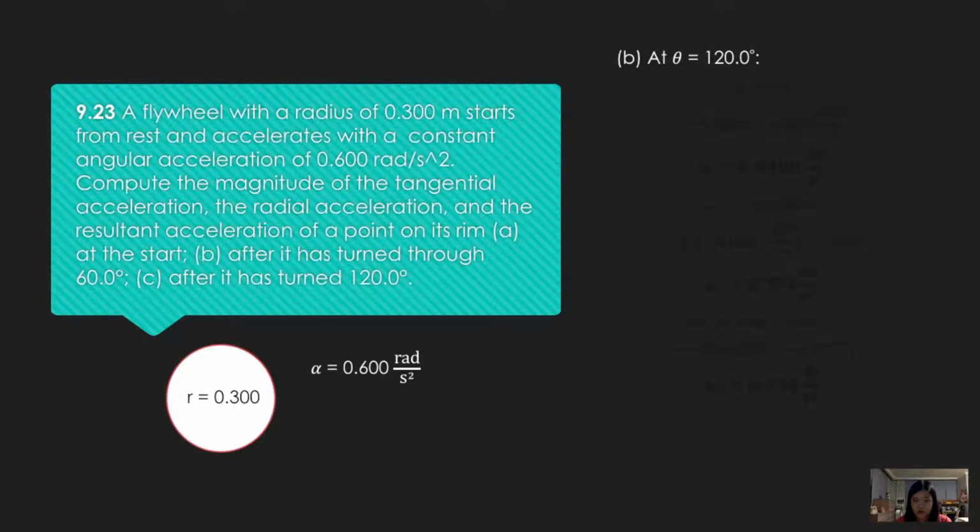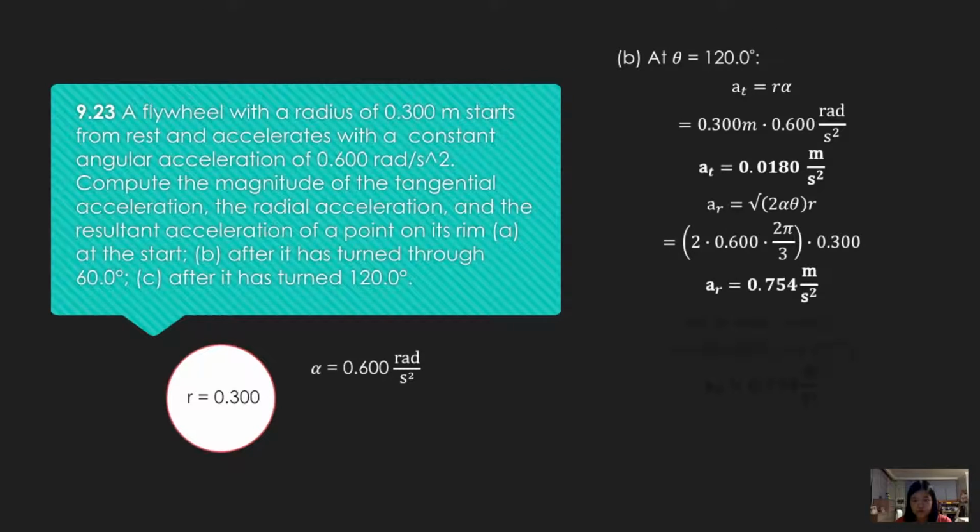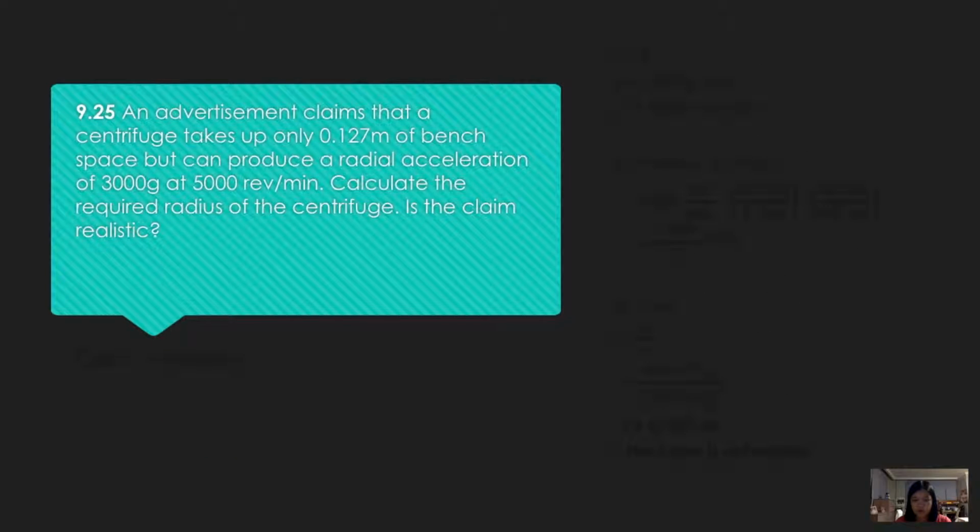Now at theta equals 120 degrees, again substitute, it's the same as A and B. And for radial acceleration, we get 0.754, resultant, substitute again, and you got the answer.